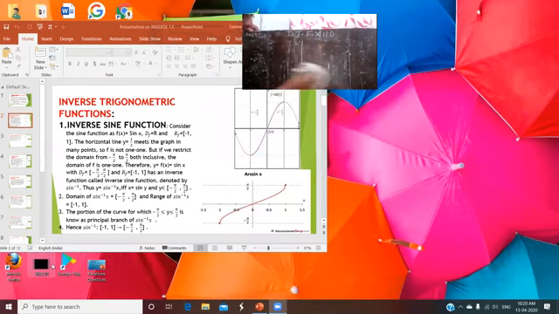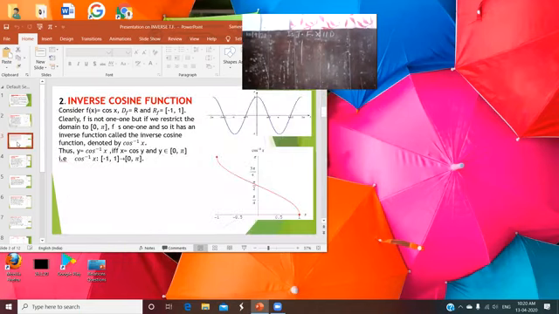Now the next slide: the inverse cosine function. In the same way, what do you know about cos x? Its domain is R and its range is minus 1 to 1.